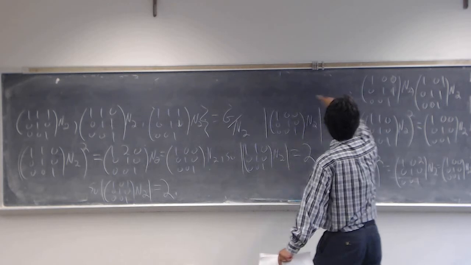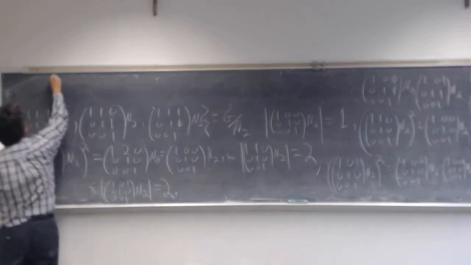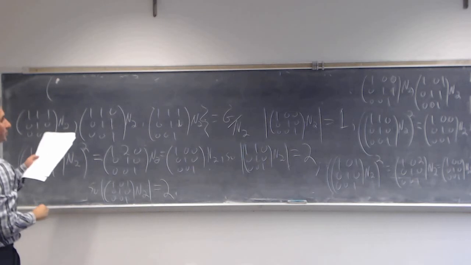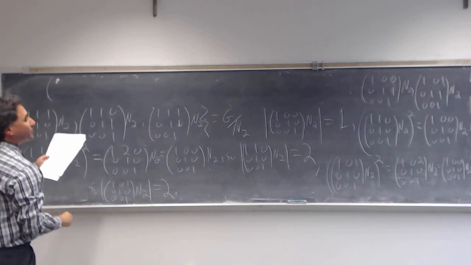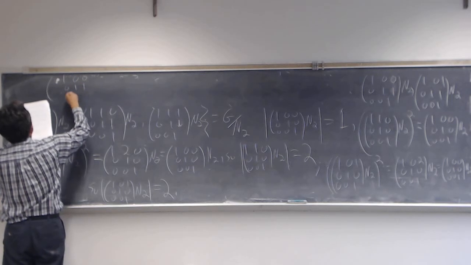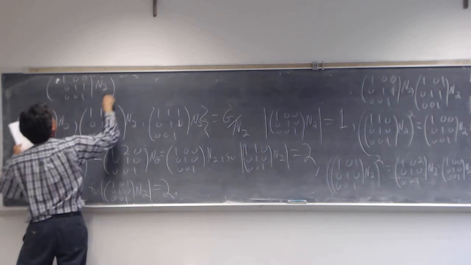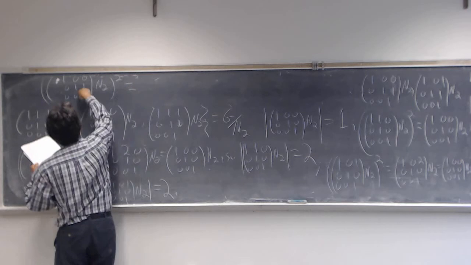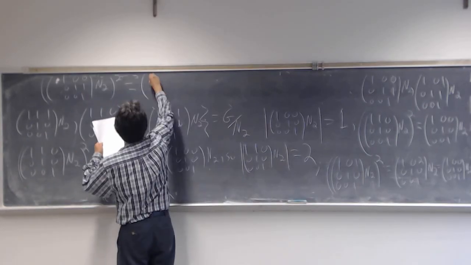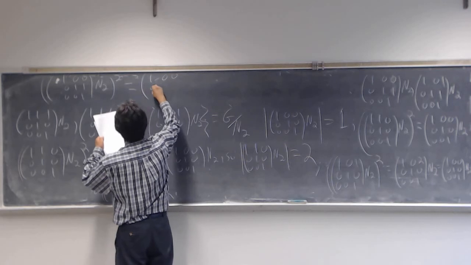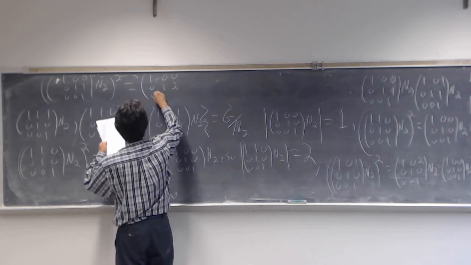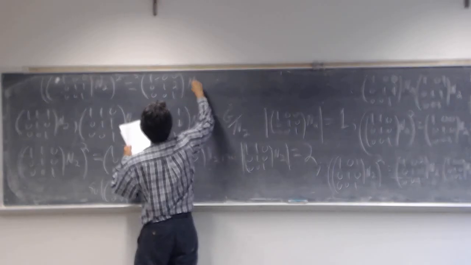So let me check this one. I'll move over here. If I look at, well, what's the next one I checked in my notes? Yeah, it was that one. 1, 1, 1, 0, 1, 1, 0, 0, 1. If I take that coset and I square it, I'm really just going to square this representative matrix, so I would get 1, 0, 0, 0, 1, 2, 0, 0, 0, and 2.